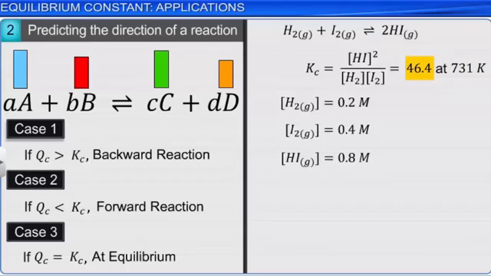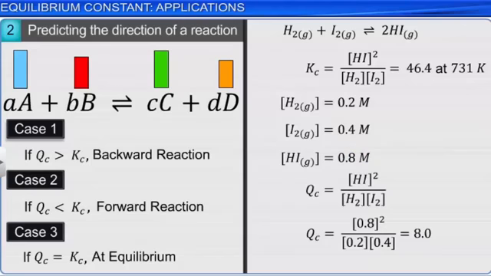Suppose at a given time, the molar concentration of hydrogen is 0.2 M, that of iodine is 0.4 M, and that of hydrogen iodide is 0.8 M. The reaction quotient Qc at this stage is equal to the concentration of hydrogen iodide raised to the power of 2 divided by the product of the concentrations of hydrogen and iodine.